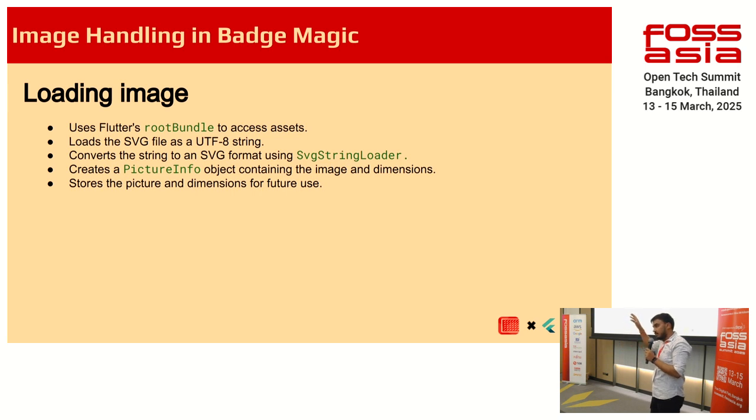So we first take an SVG file from the asset, we take all the string from it, and then we pass it to the SVG string loader that will generate an SVG image for us. And then we create a PictureInfo class. As the name suggests, it gets all the information about the picture. So it has the picture, its dimensions, and other aspects of the picture also. We save it in a global variable so that we can call all other functions using this.